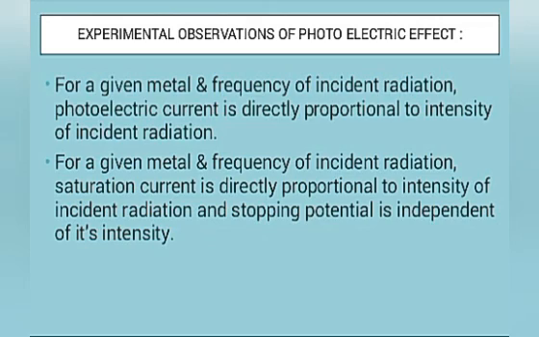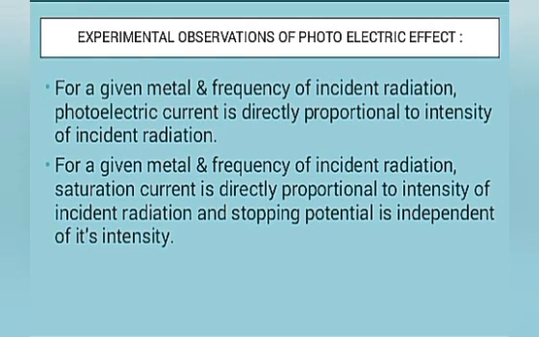The graph of photocurrent versus intensity of light is a straight line passing through the origin, which indicates the photocurrent is directly proportional to intensity, and there the frequency of incident radiation is kept fixed. So the first law is the summary of case 1.